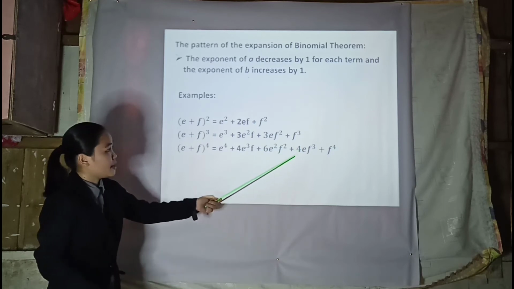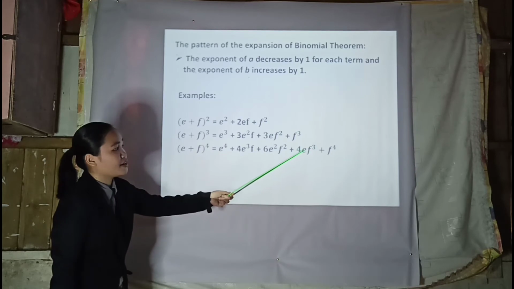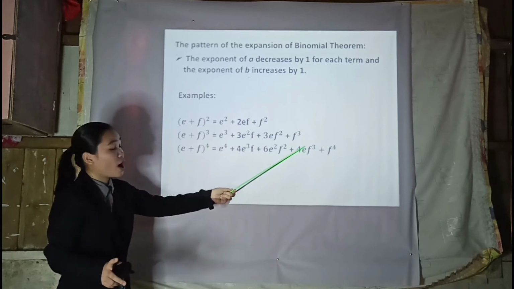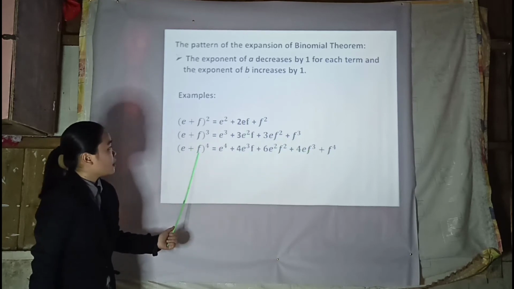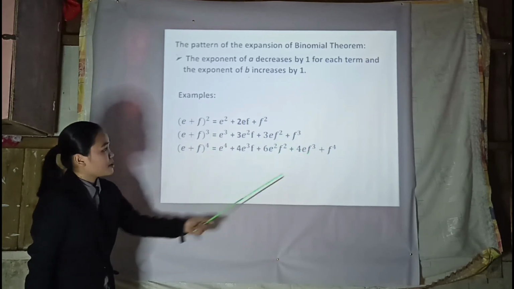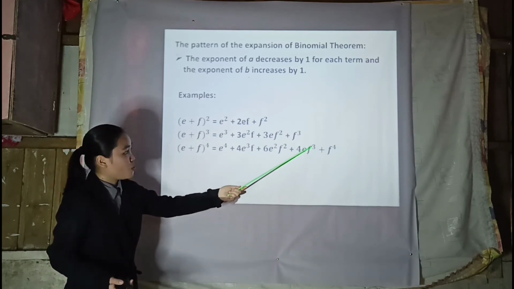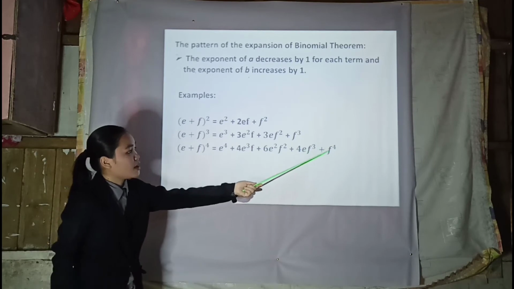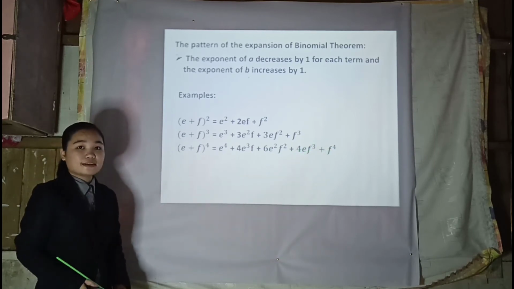In the next term, 4EF cubed, the E has only 1 exponent, while the B, which is F, increases to 3, plus F raised to 4. So, do you understand?